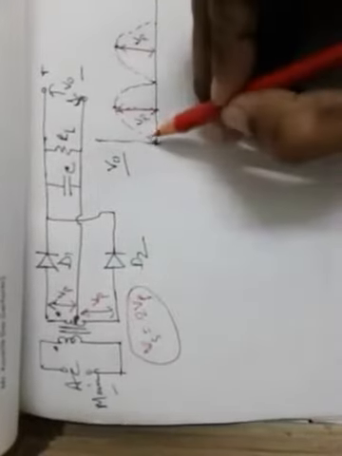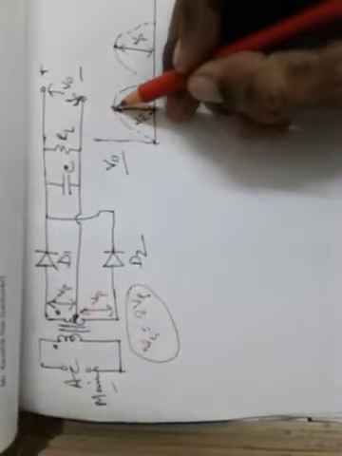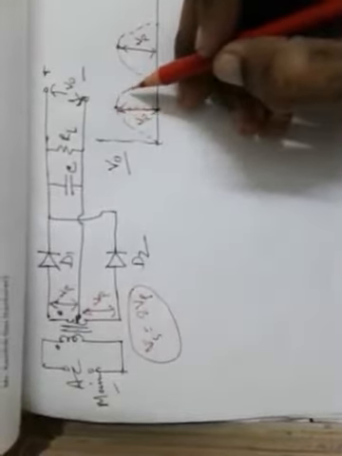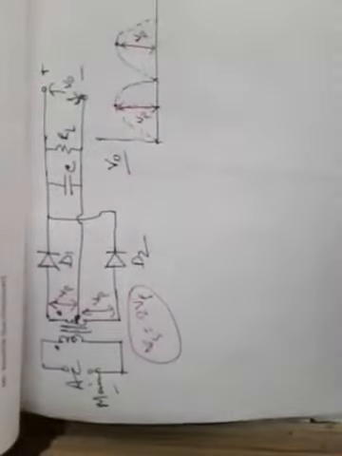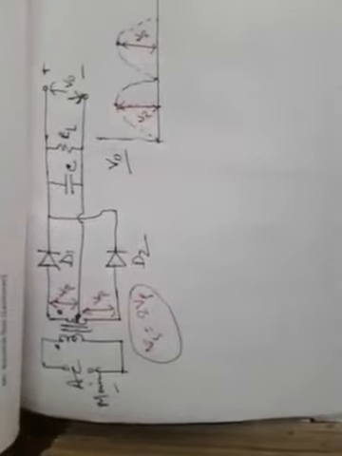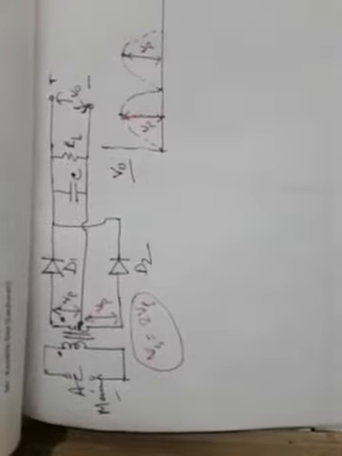That means the input signal with time will at some point attain this peak value, and then it will start to decrease. So this charging will only happen until the input signal reaches that peak value.